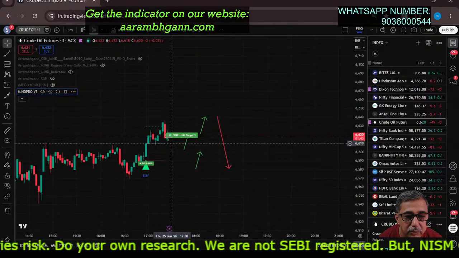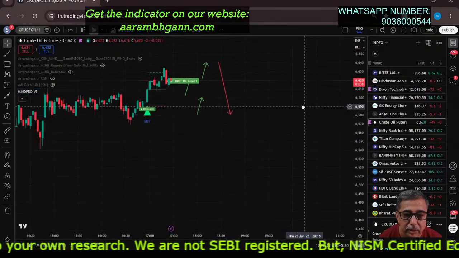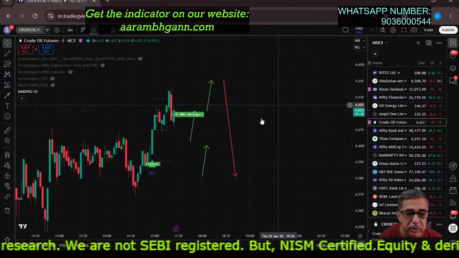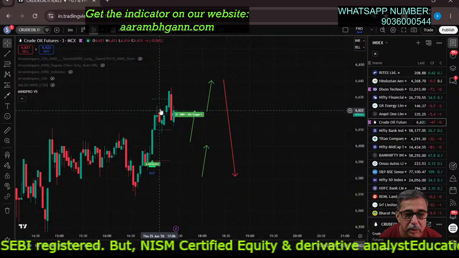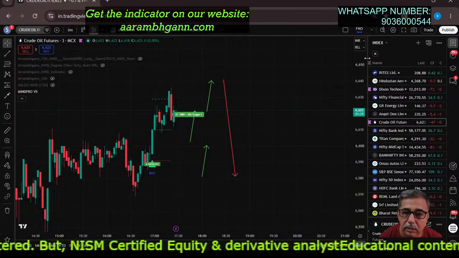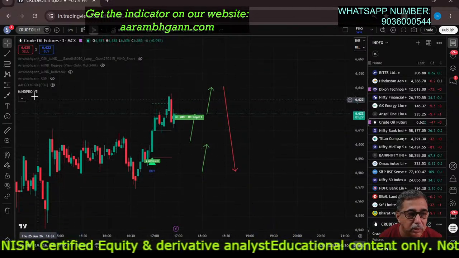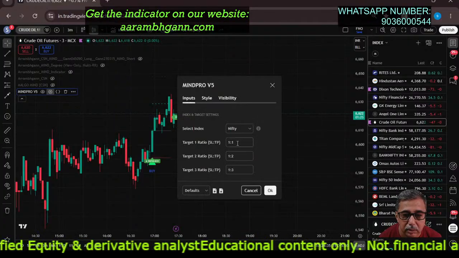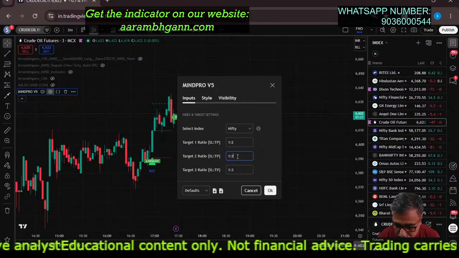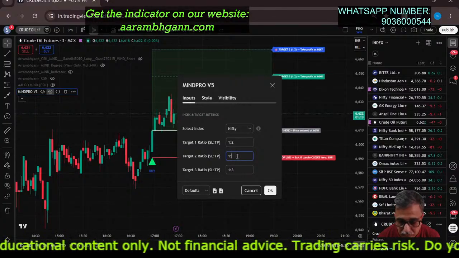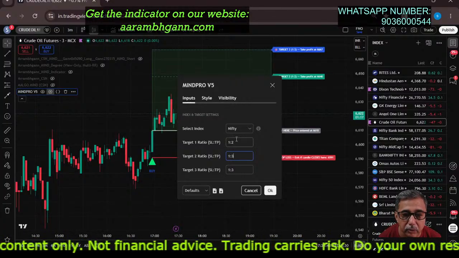You see the 1:1 target is already hit. Can you see here? Long entry taken here, buy, and the 1:1 target is hit. If you keep a 1:2 target, then it will continue. Just I am showing you how the new indicator is going to work.